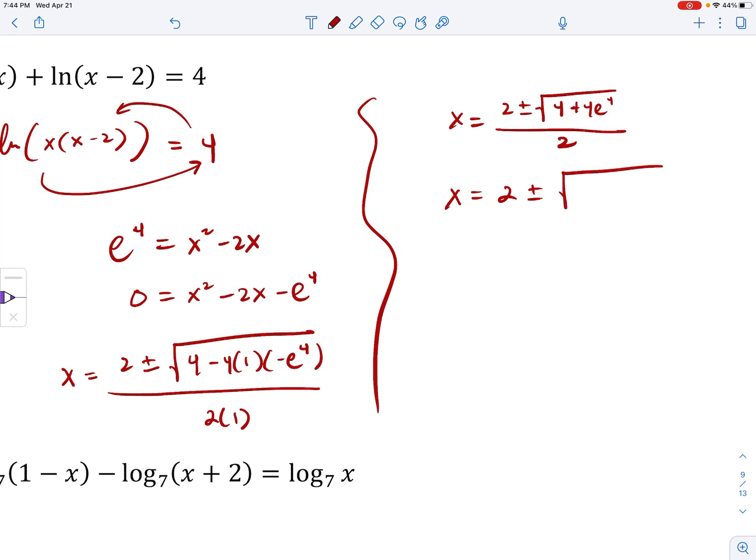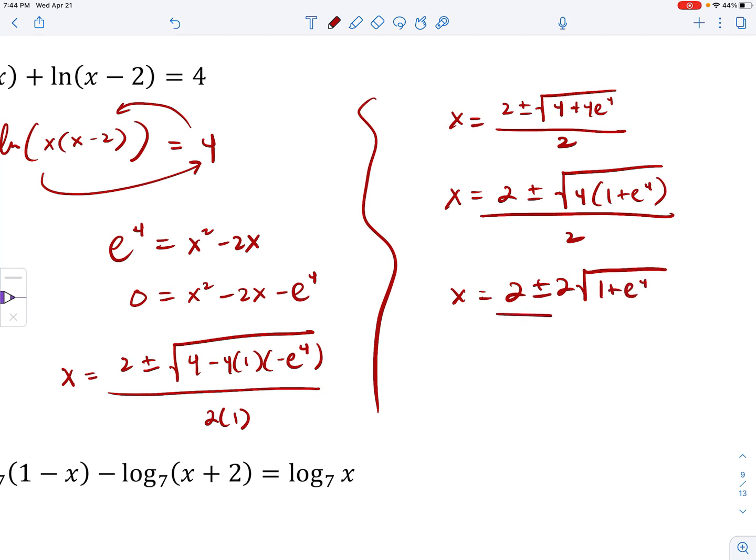So that would be 2 plus or minus the square root of 4 times 1 plus e to the 4th. And then that 4, we could simplify the radical, so that would end up being 2 plus or minus 2 root 1 plus e to the 4th, over 2.